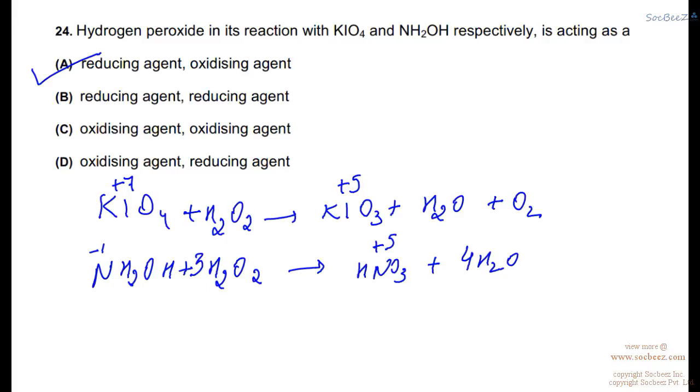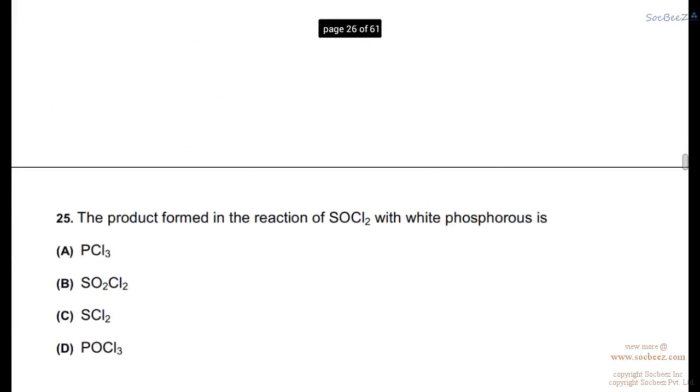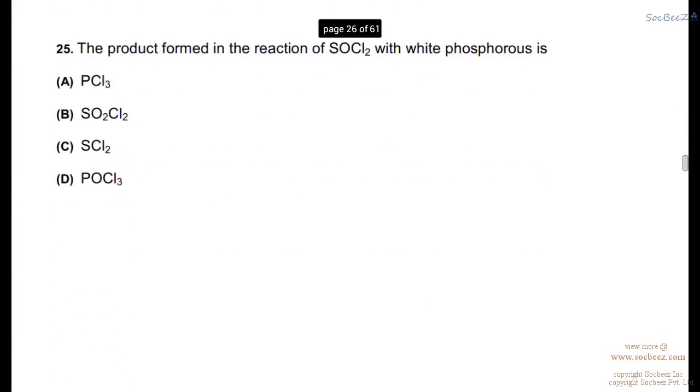So now let's move on to another question. The product formed in the reaction of SOCl2 with white phosphorus is, so with white phosphorus the reaction is like this.